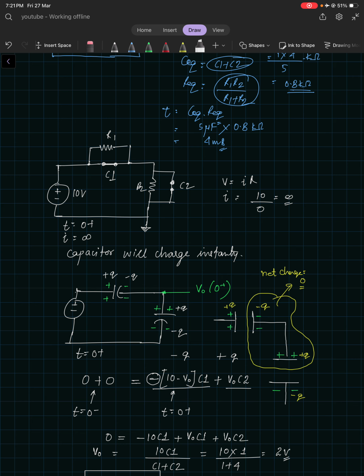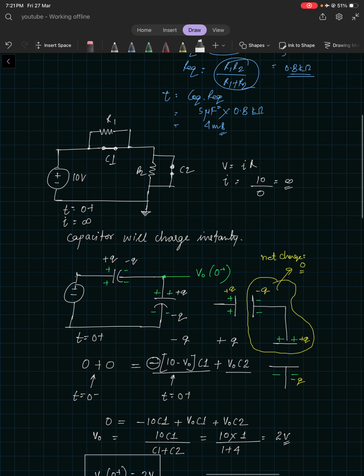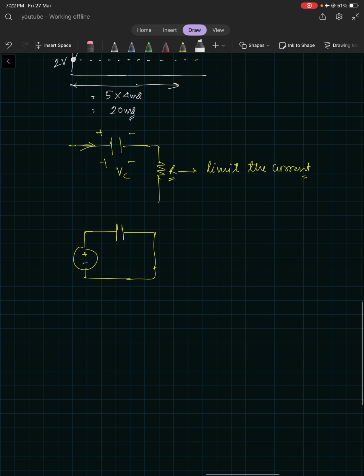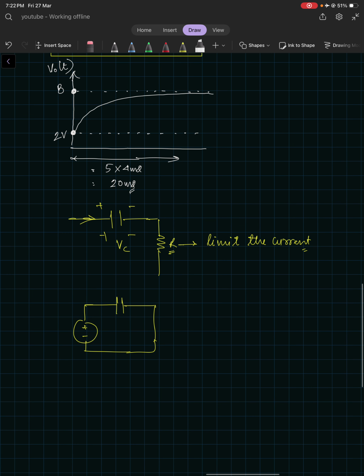When you apply KVL, there is only this voltage source and two capacitors. At t is equal to 0+, the current would be infinite, because there is only a single voltage source and no resistor in the path, so V by R is infinite. The key thing is that if there is no resistor in the charging or discharging path of a capacitor, it will suddenly change the voltage across it. This is the key point.